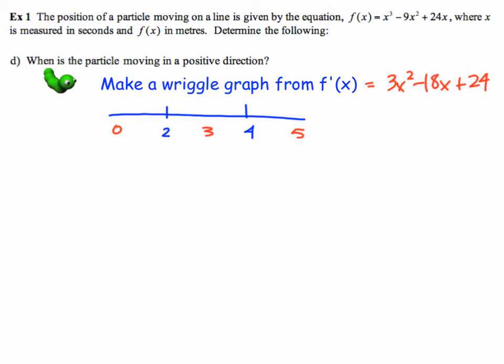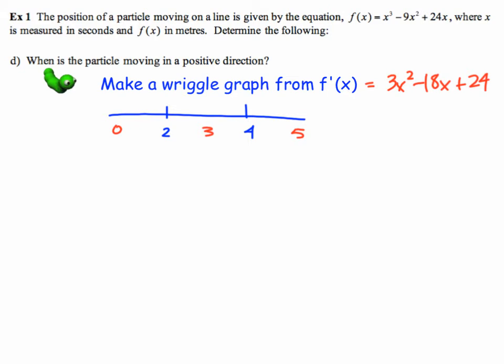I'm going to plug these numbers into the first derivative to find out whether it's positive or negative. Because you have to remember, this is kind of a particle floating in the air, and it does change direction. If it's moving forward, it's going to have a positive value. If it's a negative value, then it's moving left in the negative direction.